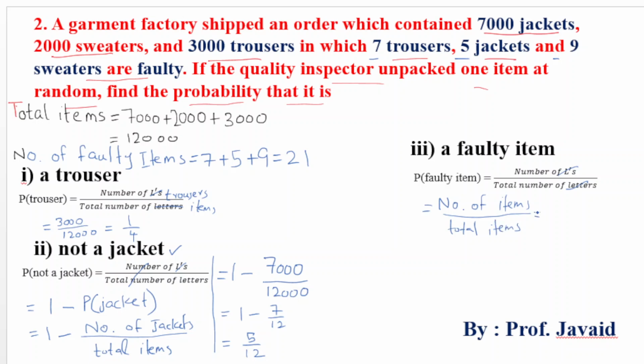The number of faulty items is 21, and the total items are 12,000. So the probability of faulty items is 21 over 12,000, or let me solve with the calculator. We will get 0.00175. So I hope you understand this question.